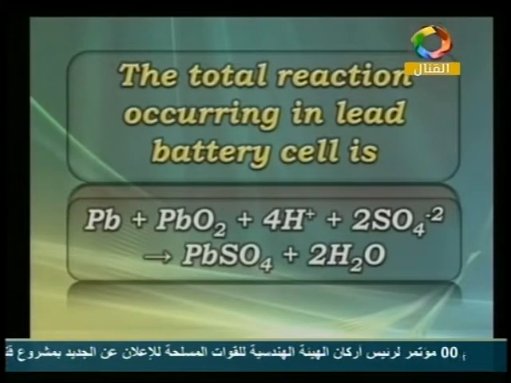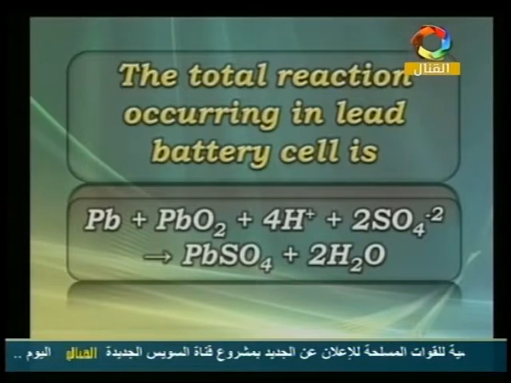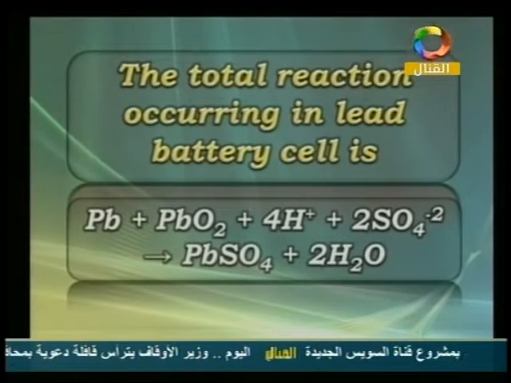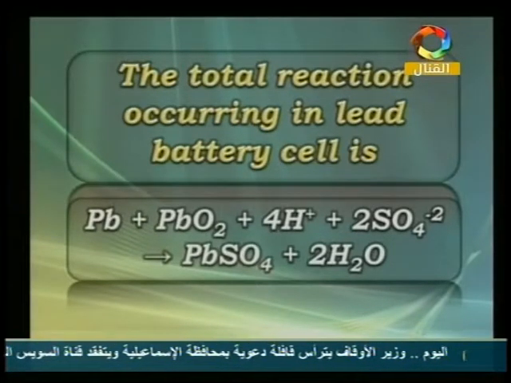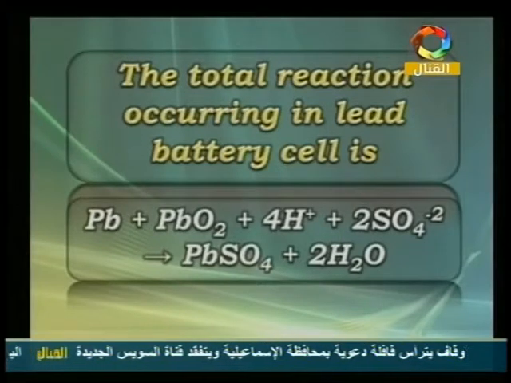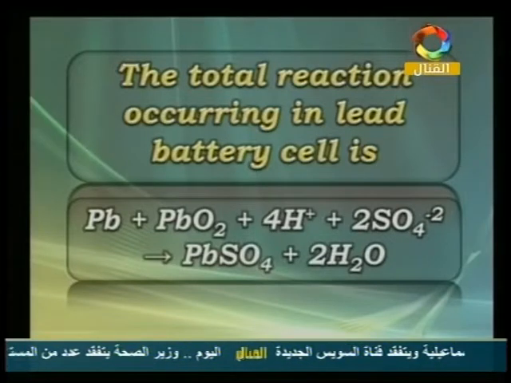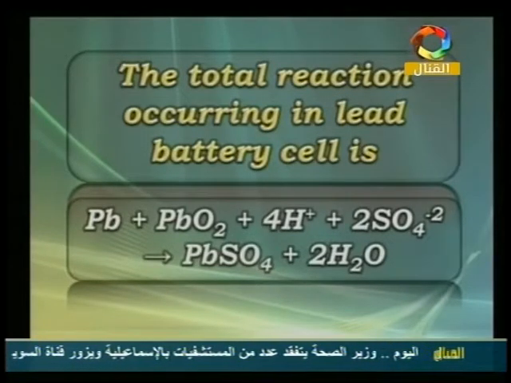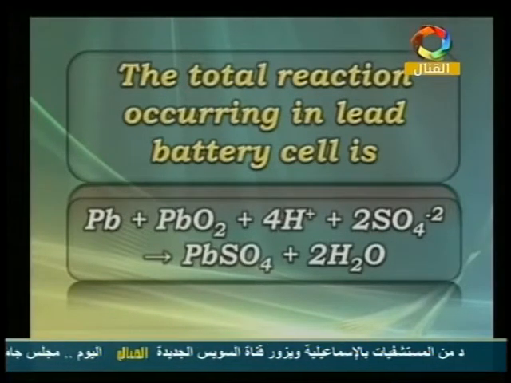Again, the reactants are lead plus lead oxide plus H2SO4, but here we have ions found in the solution because it is a dilute solution of H2SO4. So PbSO4 is produced, and we have H2O. If the PbSO4, or lead sulfate, is produced and the water is produced, the reaction will stop. Why?